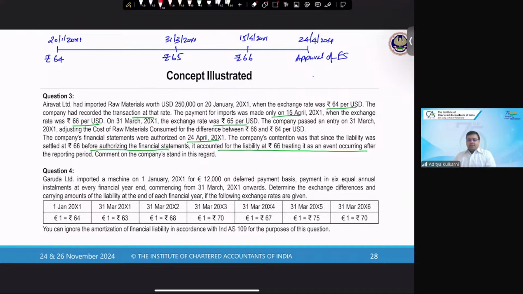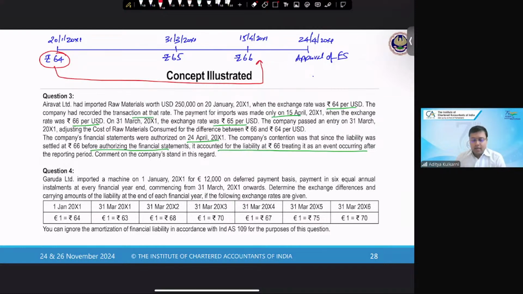Let us understand the question first. Raw materials were purchased on 20th January 20x1. The rate on that date was 64. Settlement of this happened on 15th April when the rate was 66.